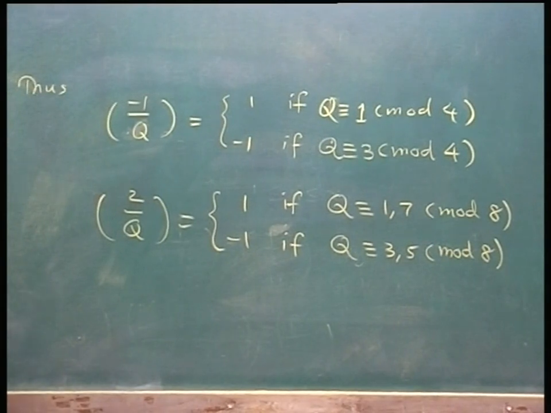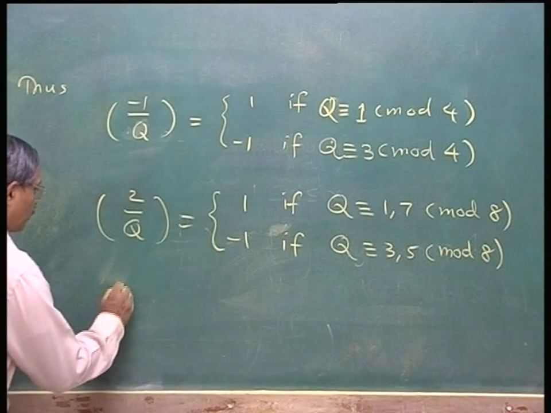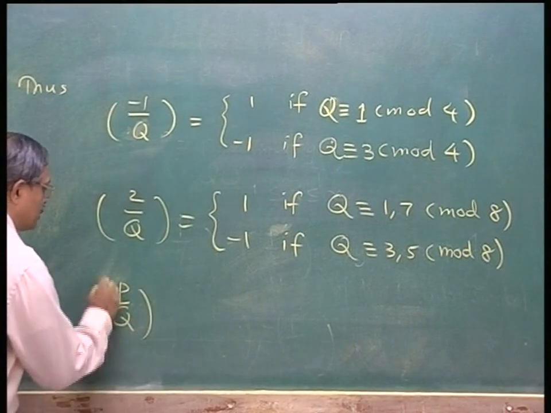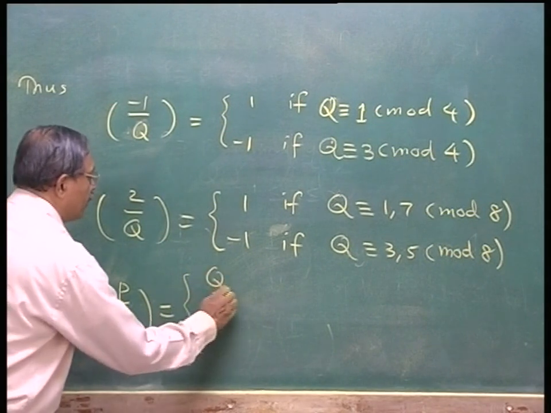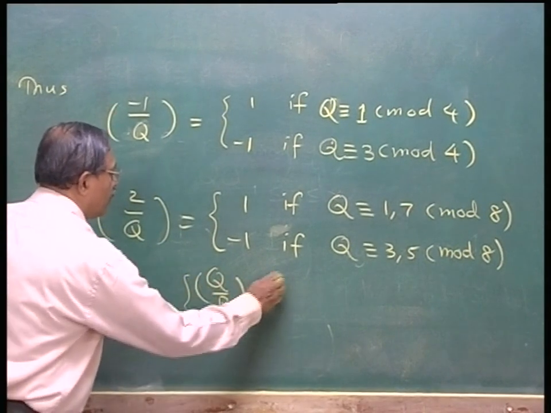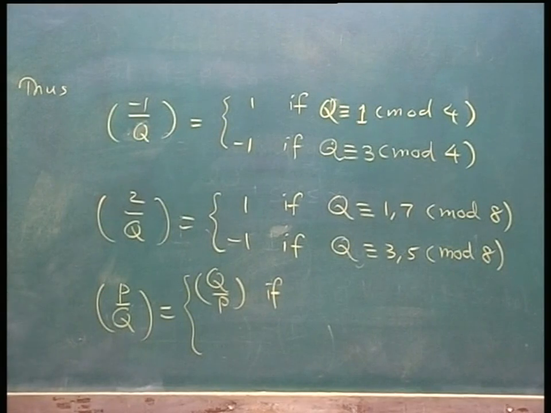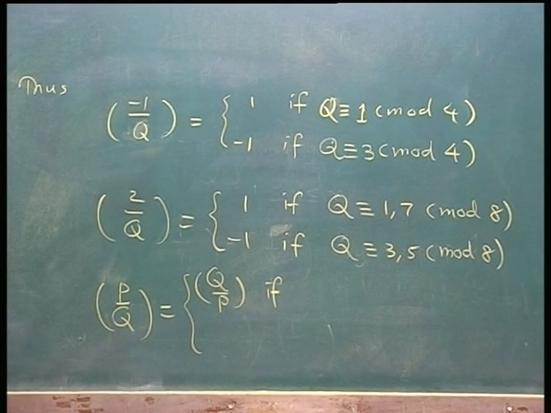What is the alternative formulation of the third property? P by Q is equal to Q by P if at least one of P and Q is congruent to 1 mod 4.